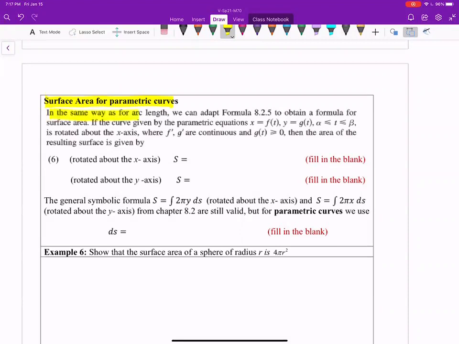In the same way as for arc length, we can adapt formula 8.2.5 to obtain a formula for surface area. Formula from chapter 8, section 2.